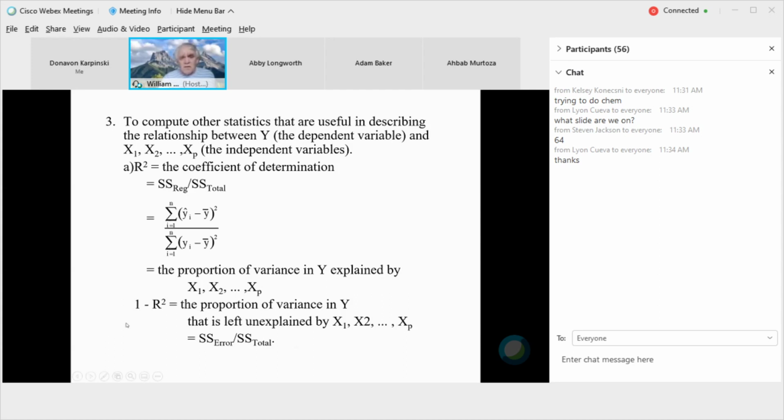If the predicted value of yi was exactly the same as the exact value of yi, this would be equal to 1. 1 minus r squared is the proportion of variance in y that's left unexplained: sum of squares for error over sum of squares total.